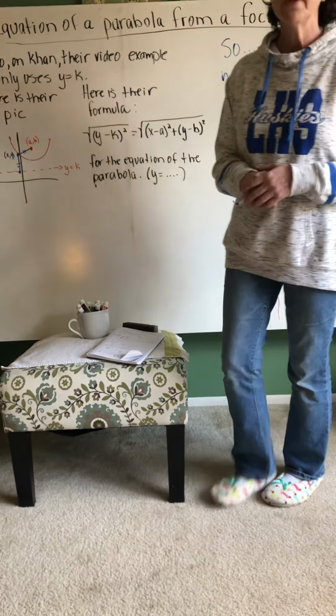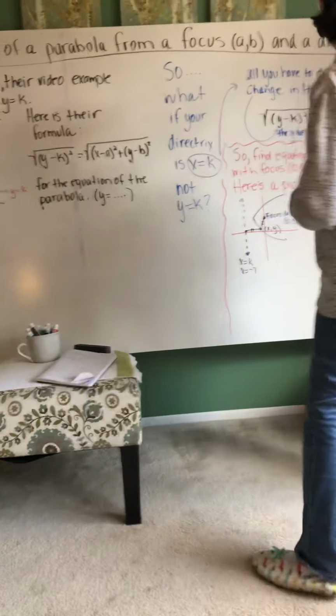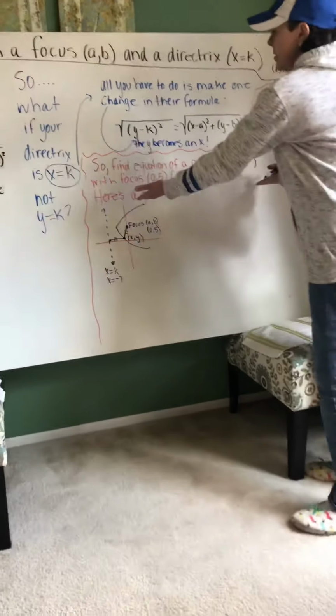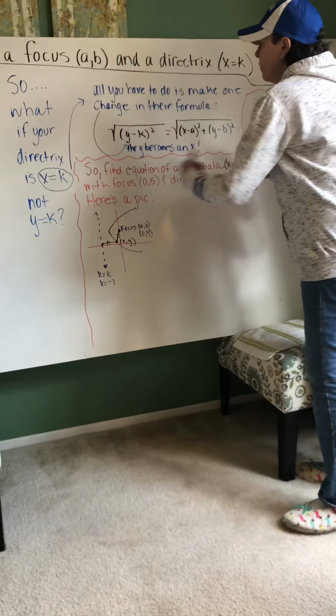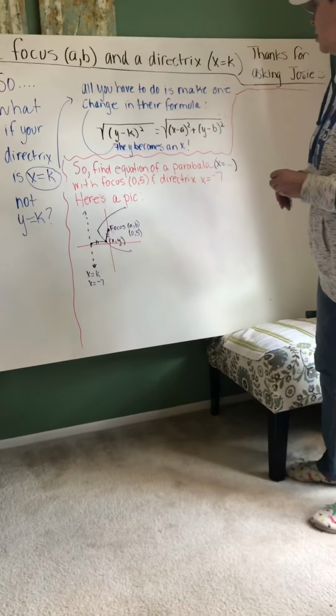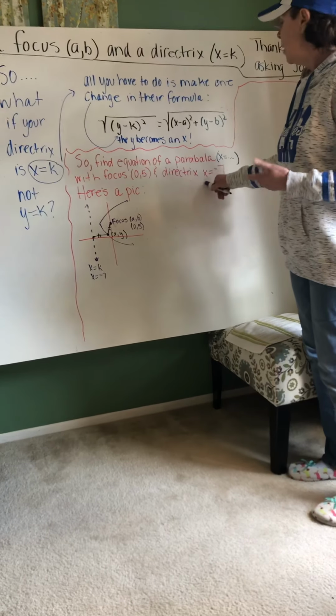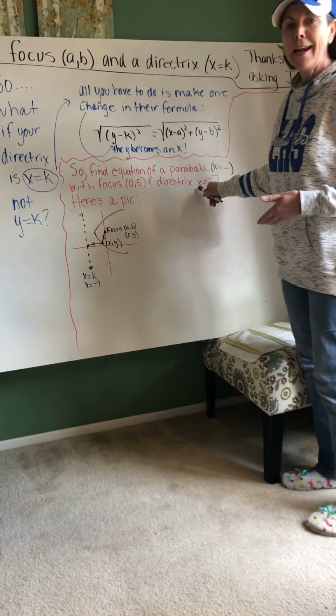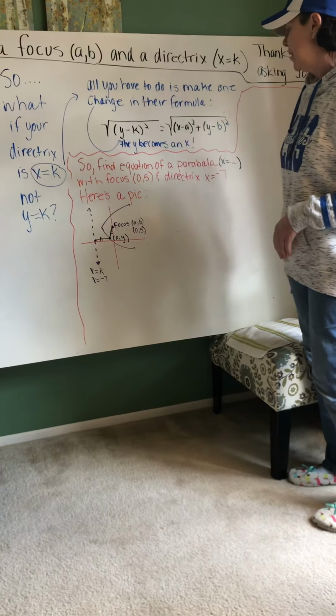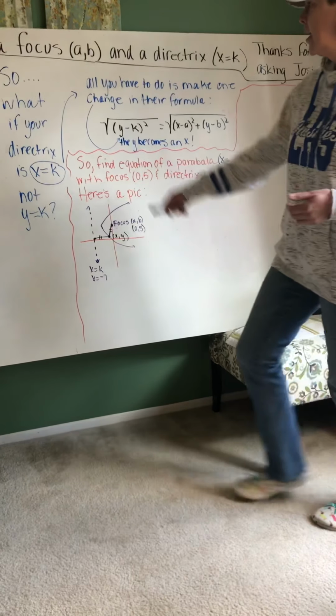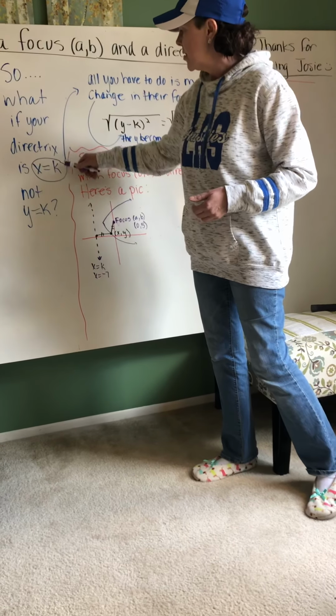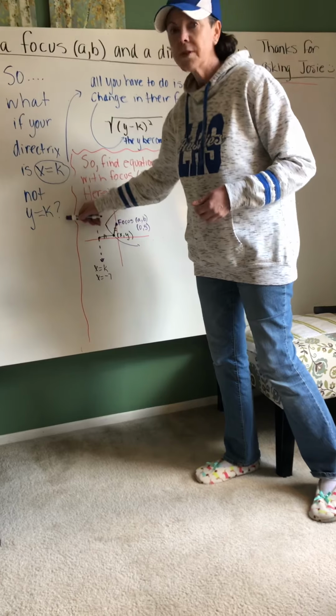So what Josie was asking about is she came to a problem that looks like this in red. Find the equation of a parabola with a focus at (0, 5) and a directrix at x equals -7. And she's like, what do I do with this? So what if your directrix is x equals k, not y equals k?